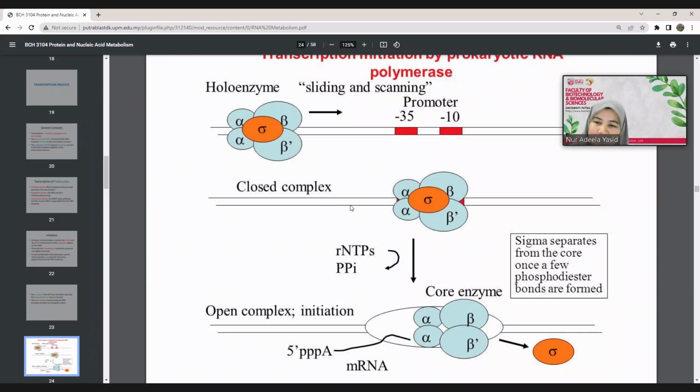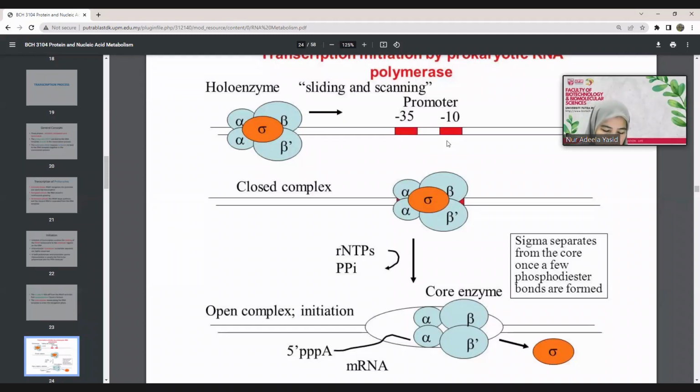This region facilitates the unwinding of the DNA template. We know that an AT-rich sequence doesn't have very strong bonding, so it facilitates the unwinding of the DNA template, and this is when the phosphodiester bond is formed.